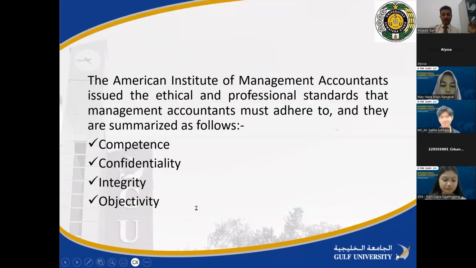But here, the American Institute of Management Accountants has issued these ethical standards, and they encourage managerial accountants to follow them: competence, confidentiality, integrity, and objectivity. We should follow this, whether we are in managerial accounting or auditing or any work that we do.